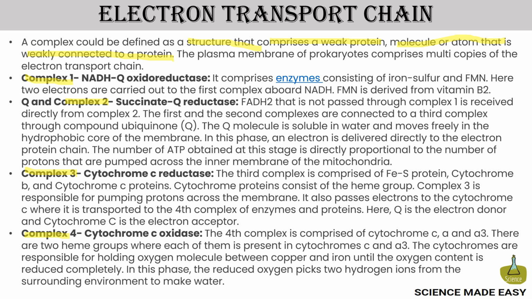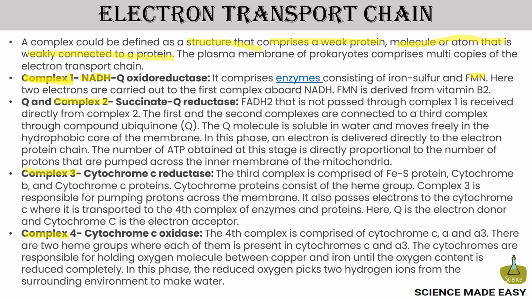For example, complex 1 comprises enzymes consisting of iron, sulfur, and flavin mononucleotide. Two electrons are carried to the first complex aboard NADH. Complex 1 specifically uses the NADH molecule, which has been formed during the Krebs cycle.